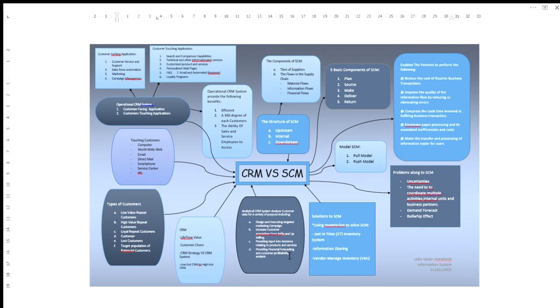The discussion about CRM is complete. Now we will discuss SCM. SCM stands for Supply Chain Management, and it has a structure consisting of upstream, internal, and downstream.